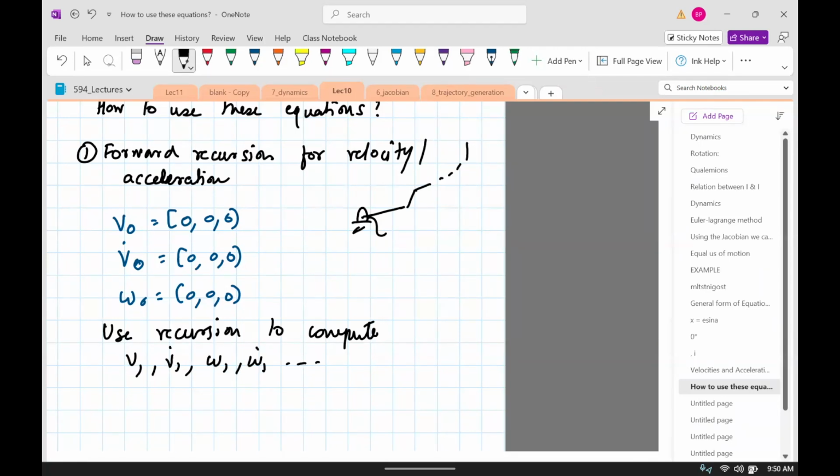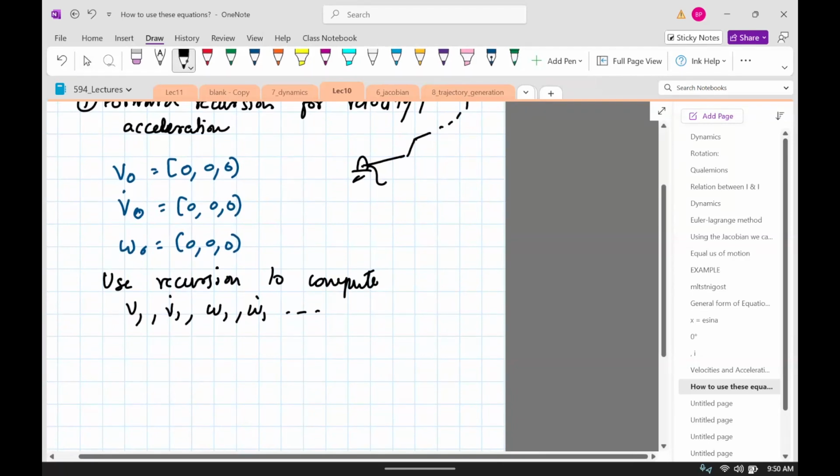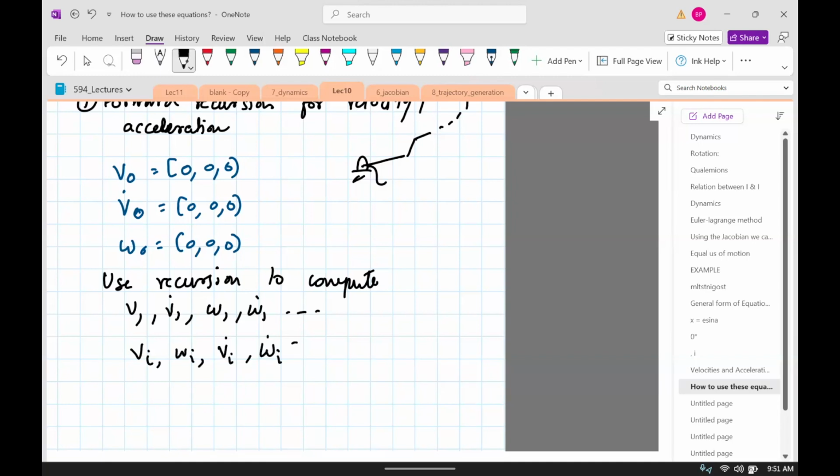Remember that the formula we have is that Vi, omega i, Vi dot, omega i dot is some function of Vi minus 1, omega i minus 1, Vi minus 1 dot, omega i minus 1 dot. But for i equals 1, this is known.